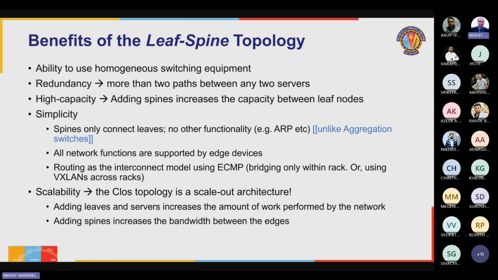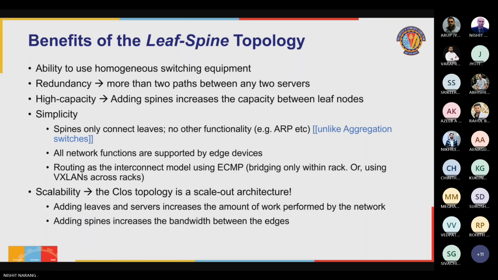We also saw that because the leaf is connected to multiple spines, there are more than two paths between any two servers in the network, and therefore there is much larger redundancy. That larger redundancy helps improve the blast radius of the data center network, because if you have a failure in one of the links, it doesn't reduce the capacity as much as it did in an access-aggregation-core topology.